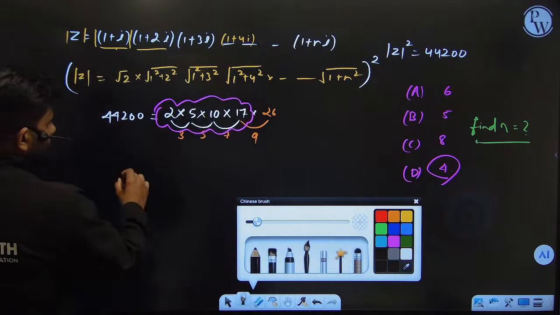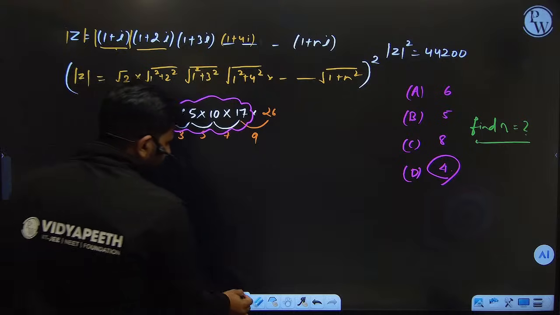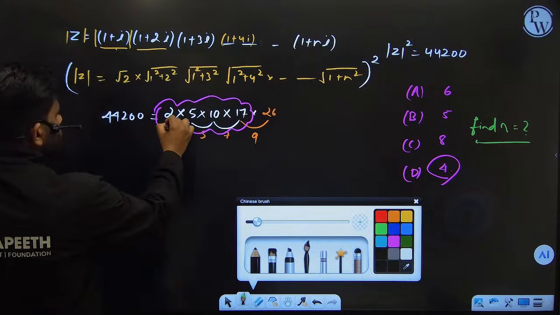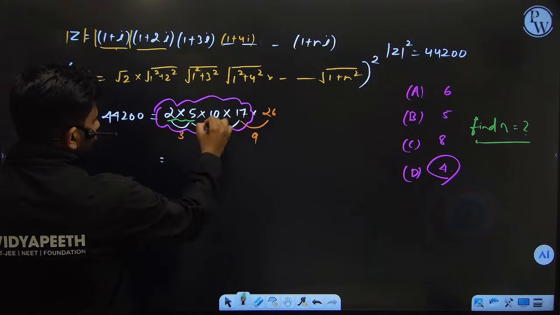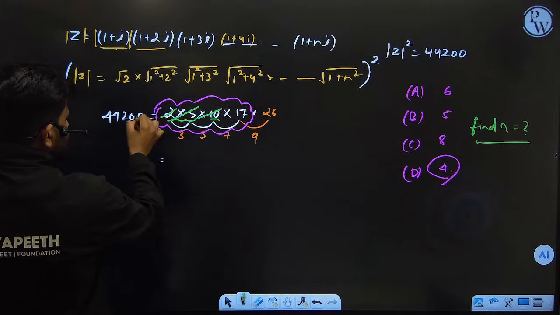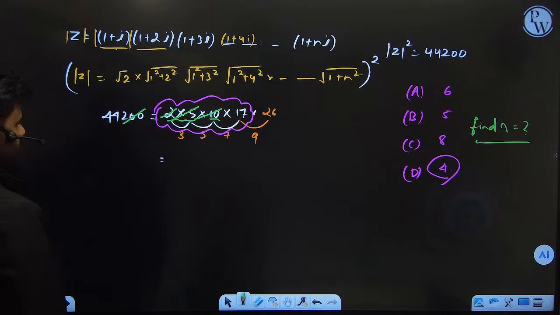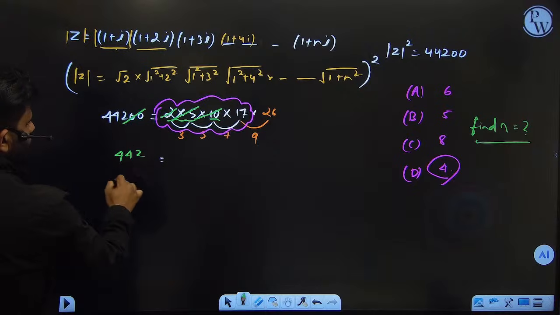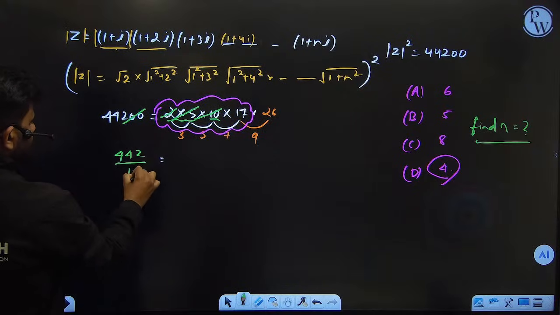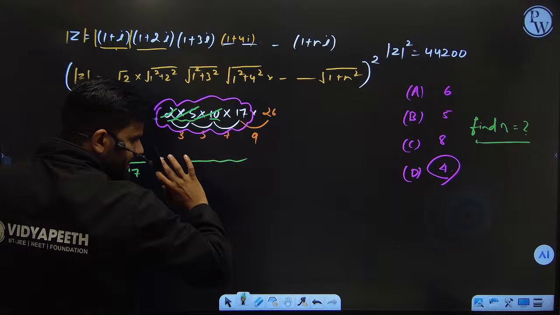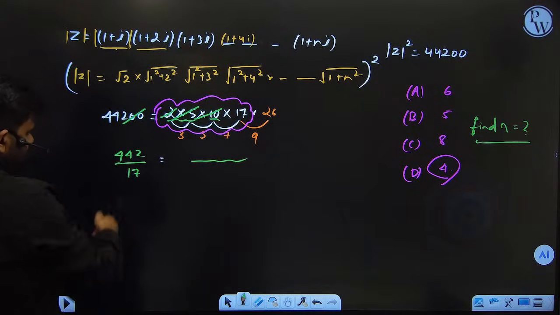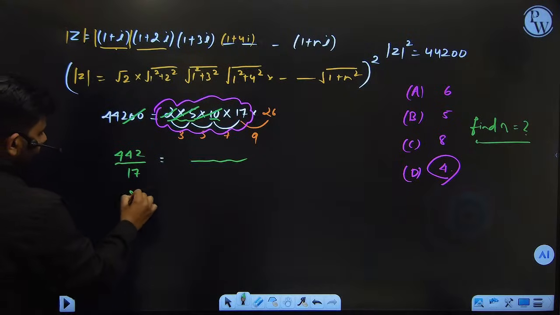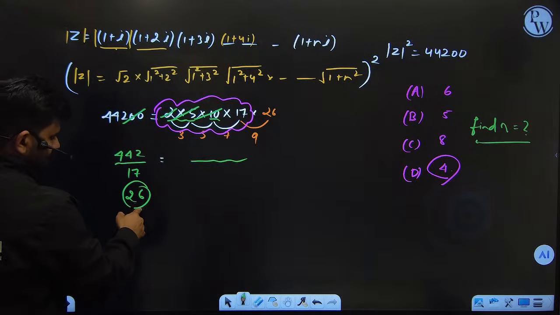I will do the calculation quickly. 2 into 5 is 10, 10 into 10 is 100. So this 100 cancels out. Okay, so 442, and now divide this by 17, and some terms will be remaining. If you divide by 17, 2 times 34 and again 6, so 26.